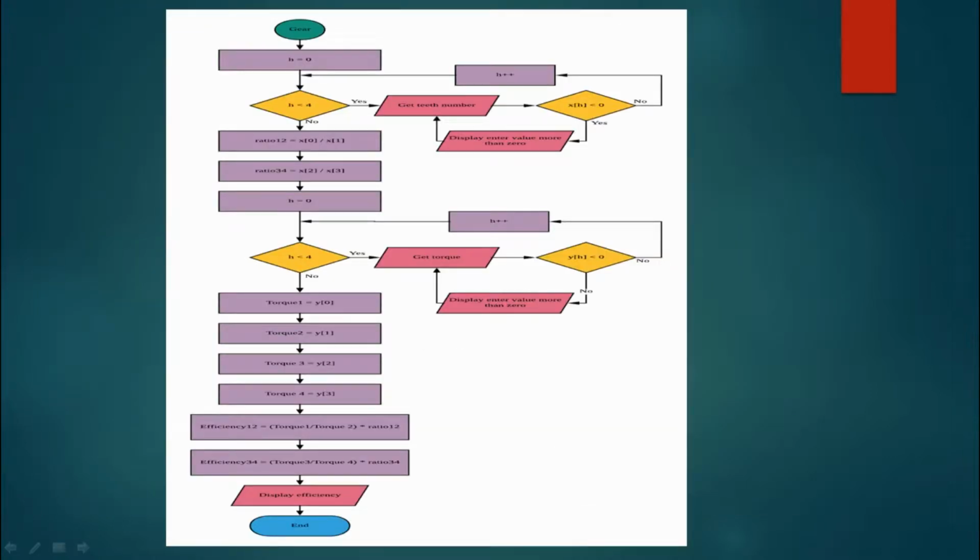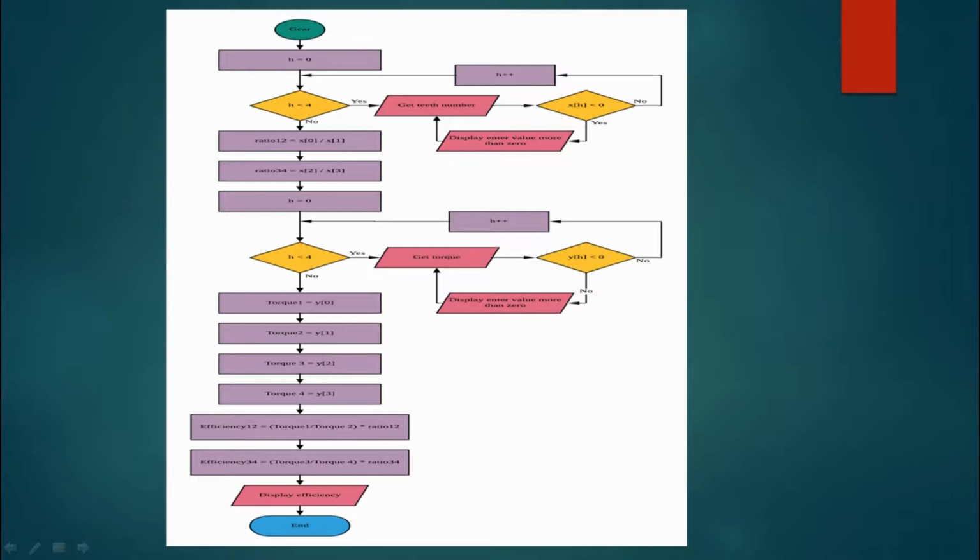So next, for my gear function, it will start with the gear, and you can see here the for loop, with the condition h equals 0. We will enter the condition, h less than 4. If less than 4, yes, it will ask the user to enter the teeth number.